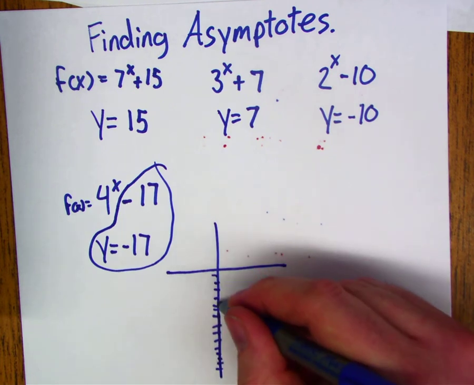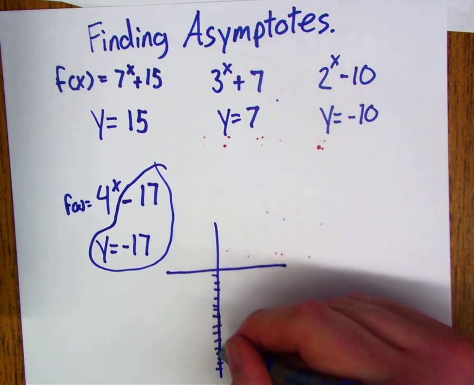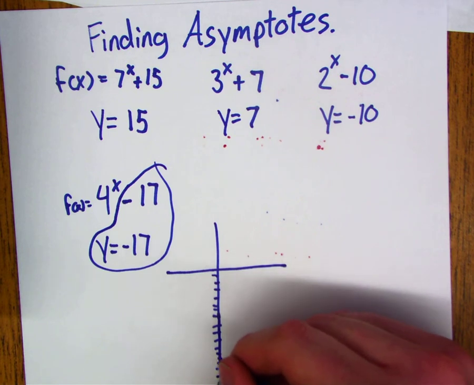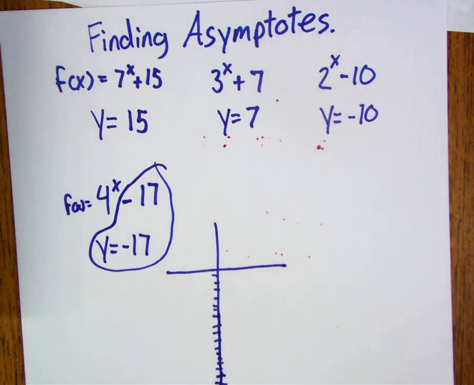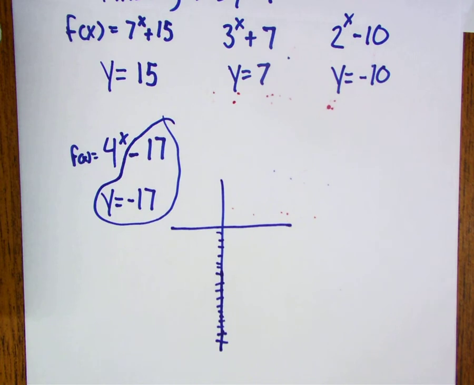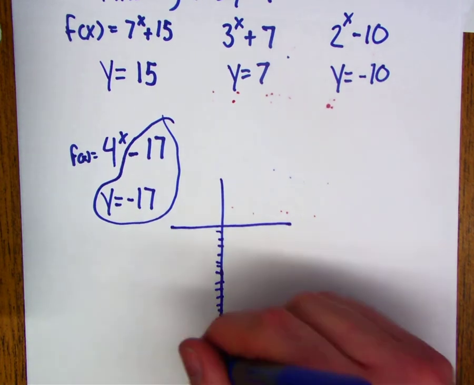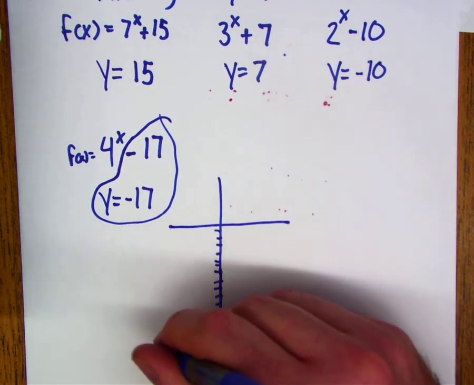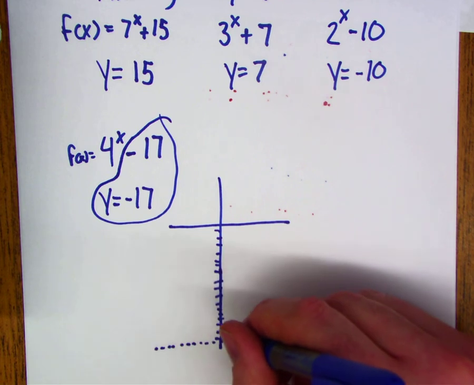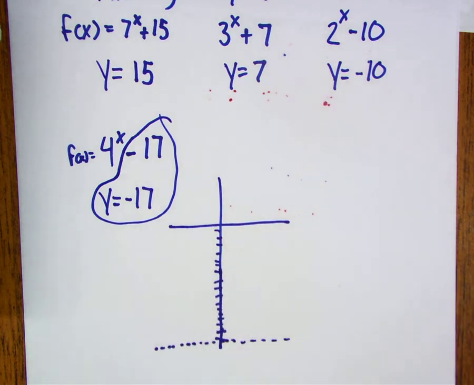So 1, 2, 3, 4, 5, 6, 7, 8, 9, 10, 11, 12, 13, 14, 15, 16, 17. We go all the way down 17 marks, and then we put in our asymptote, which we make as a dotted line.